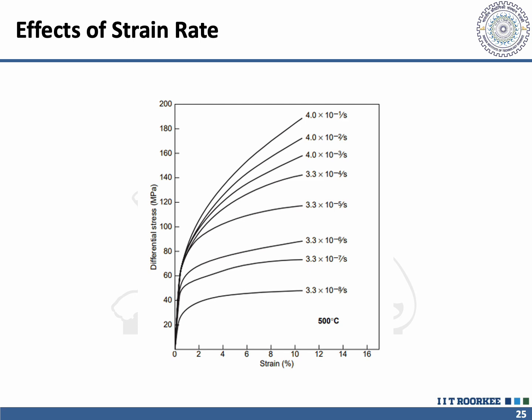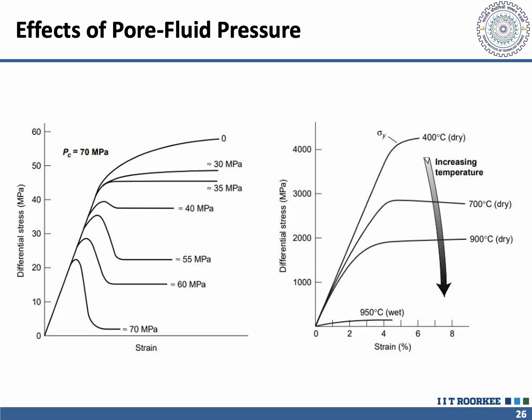It promotes ductile deformation. To summarize, if the strain rate is more, the stress is more, but the ductility is less. And if the strain rate is less, the stress is less, and the ductility is more. It is important for modeling fault behavior, rock creep, and deep crustal flow.